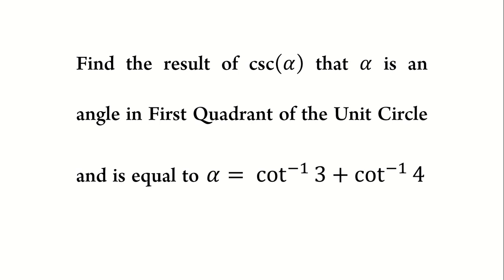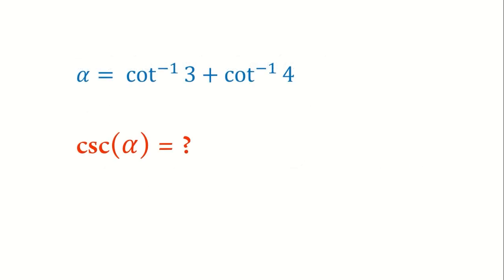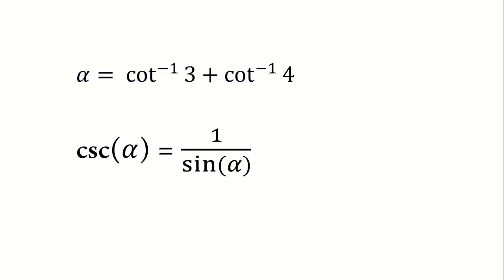So alpha is the summation of two angles: inverse cotangent of 3 plus inverse cotangent of 4. The problem asks us to get the cosecant of alpha, and cosecant of alpha means 1 over sine of alpha. So we can replace cosecant of alpha with 1 over sine of alpha.